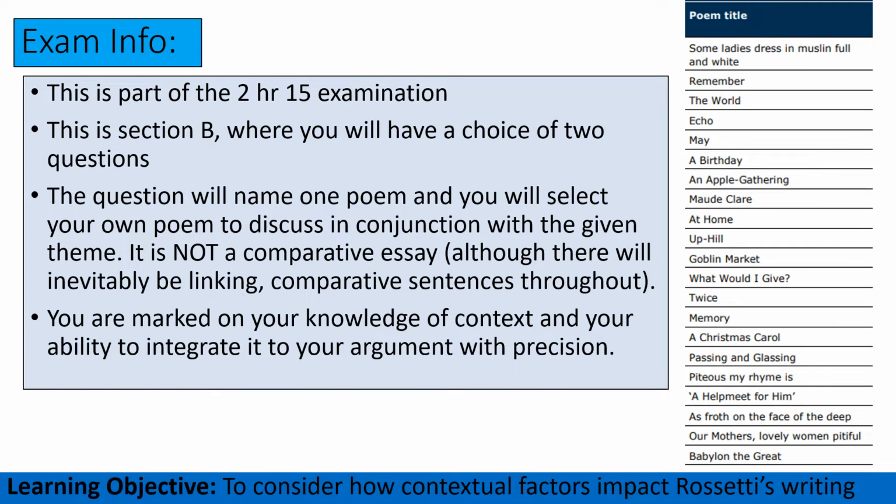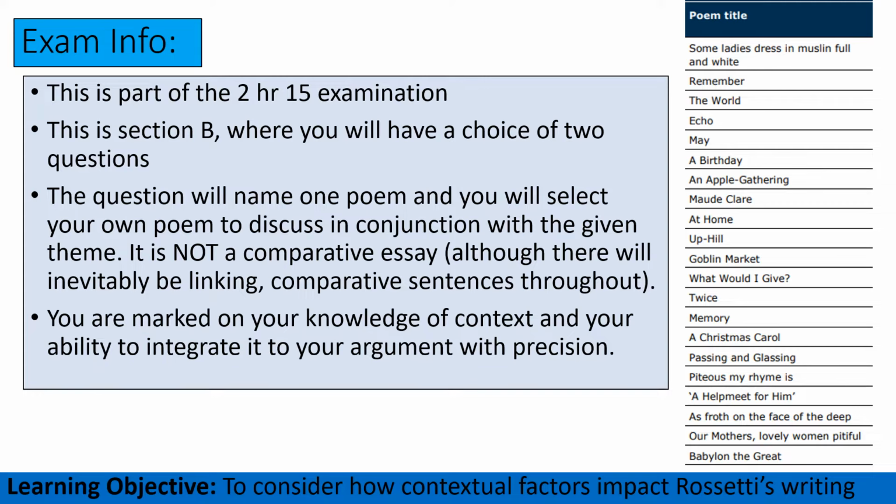This one is marked specifically for context, and you must be able to use context in your answers precisely, just as you will in your prose exams with Dracula and Dorian Gray. It's a similar skill. You need to be able to utilise the knowledge that I'll be giving you today, and then throughout the rest of the course, to integrate into your analysis in depth.